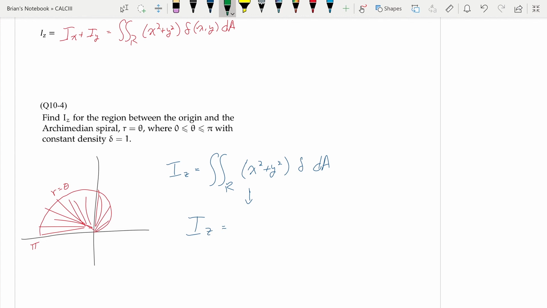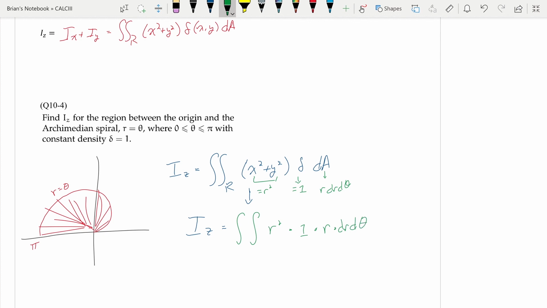So we have x squared plus y squared equal to r squared, right? Our density is equal to 1, and then dA is equal to r dr d theta.